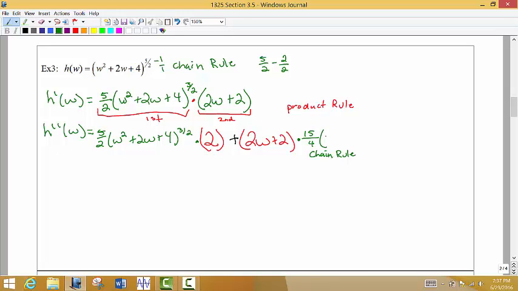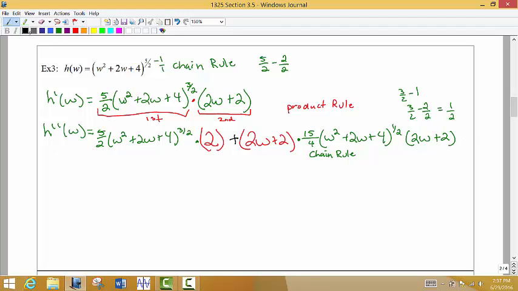And then we'll write the inside function as is. And then we have to reduce the power by 1. So we have 3 halves minus 1. That's 3 halves minus, keep the same denominator, that would be 2 over 2. So I get 1 half as my exponent. And then once again, we're going to multiply by the derivative of the inside, which is again 2w. And the second term, the derivative of that would be 2.